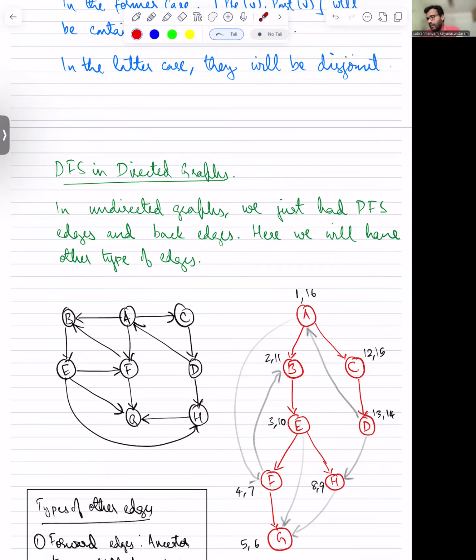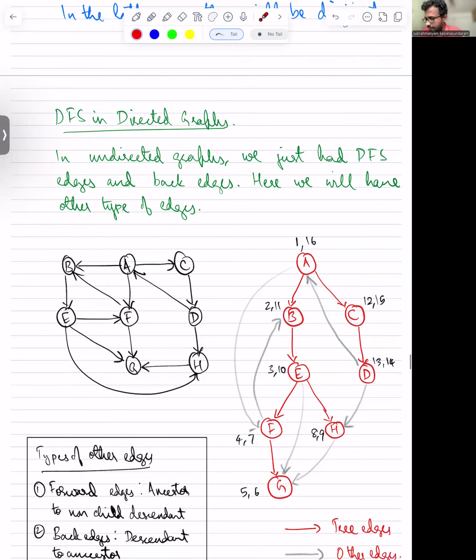Now, earlier we had two types of edges in the case of an undirected graph: the tree edges and the back edges. In the case of directed graphs, since directions are involved, the red edges here are the tree edges. The other edges, the non-tree edges, are generally of three types.